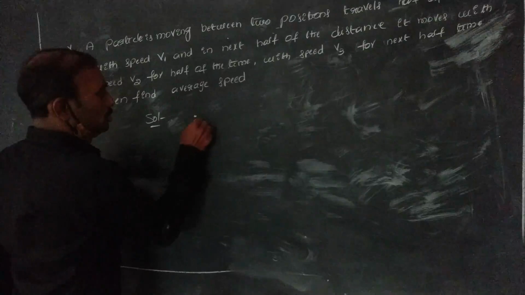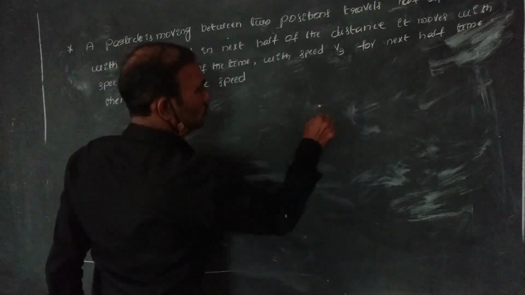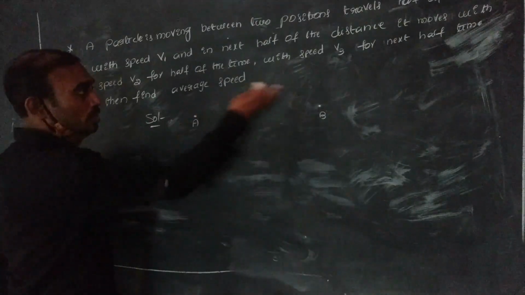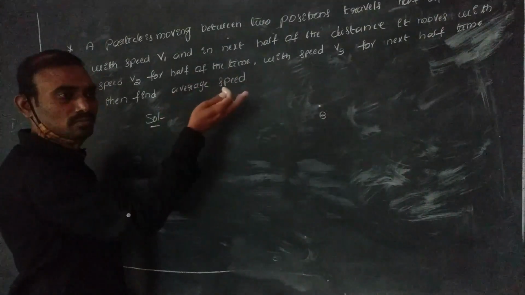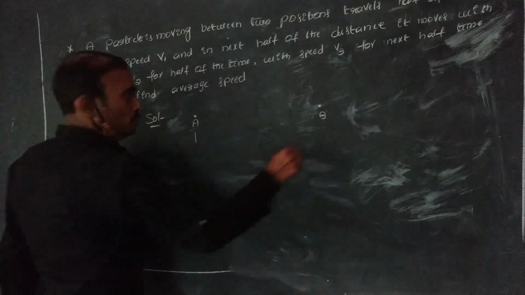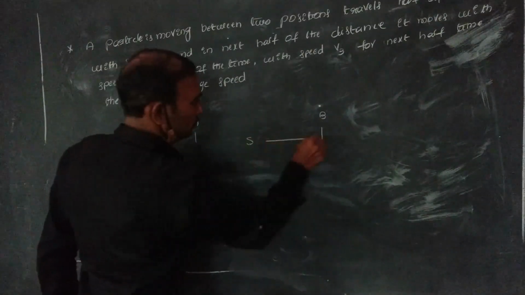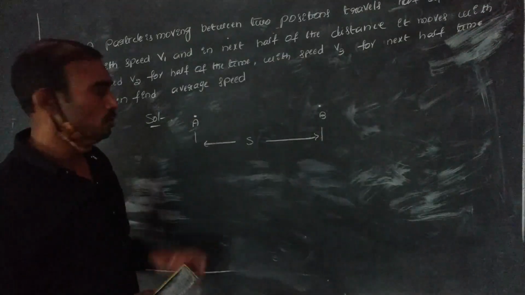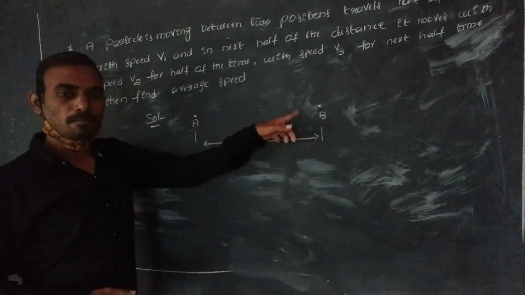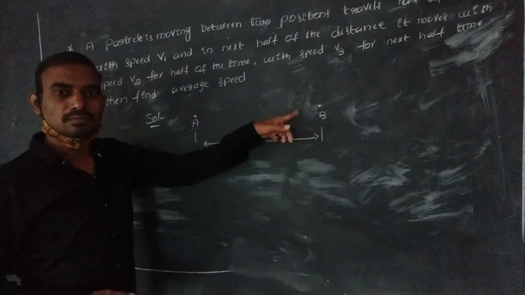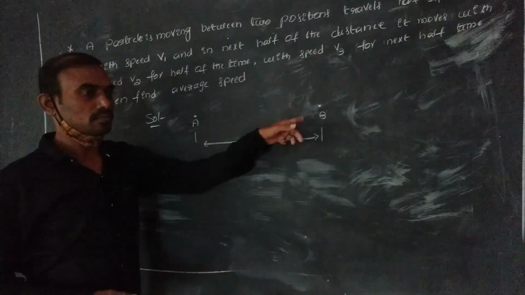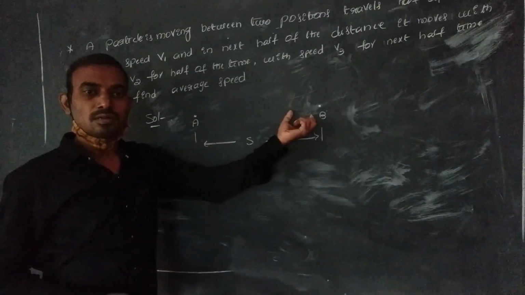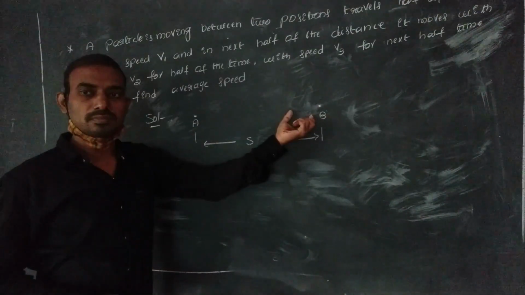These are the two positions between which the particle moves. A and B are the two positions. Suppose S is the total distance between the two positions A and B. A is the initial position and B is the final position.